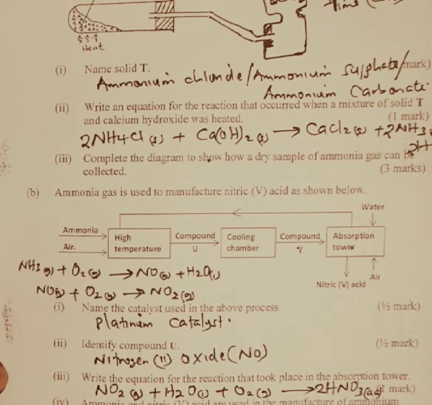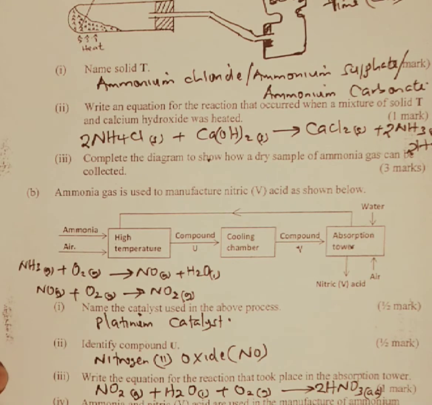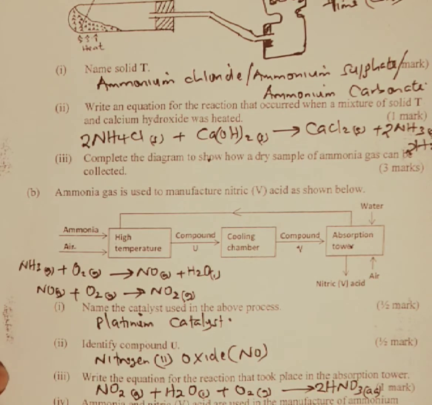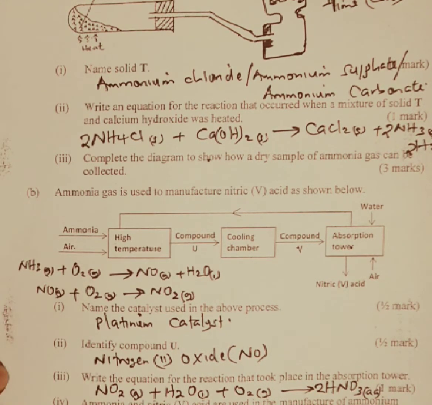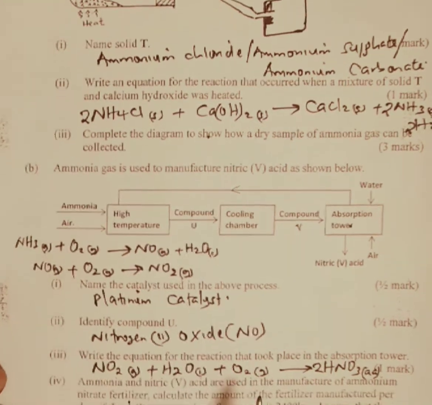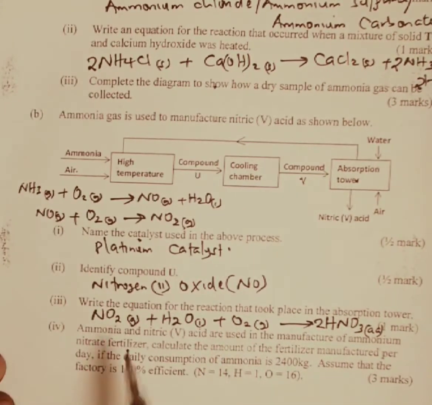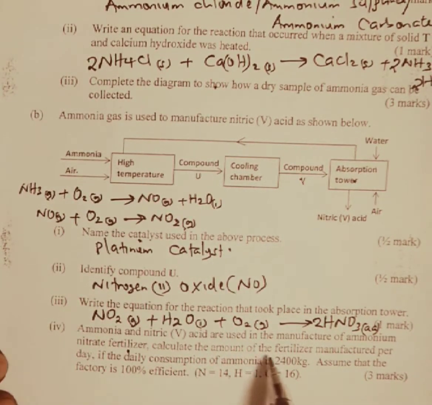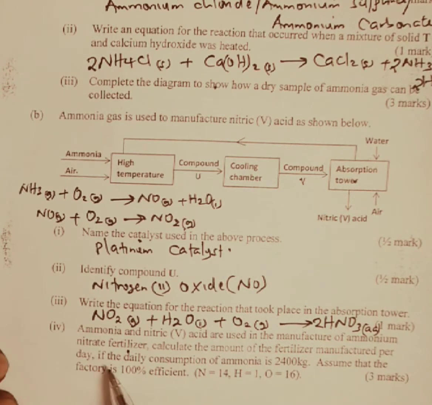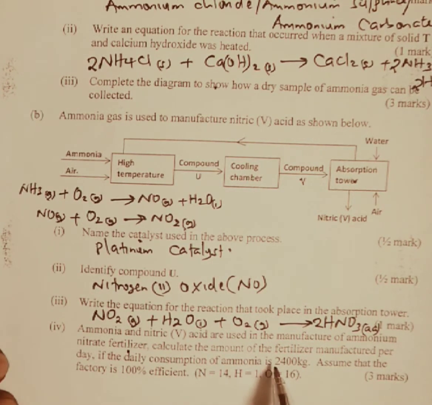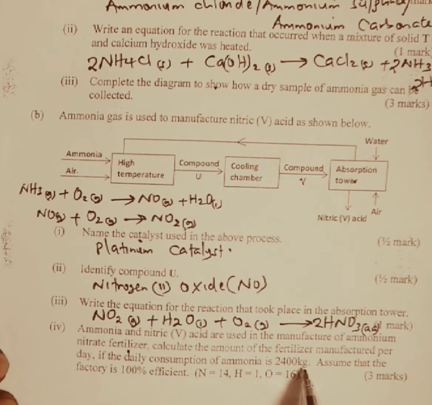Roman 4, ammonia and nitric acid are used in the manufacture of ammonium nitrate fertilizer. Calculate the amount of fertilizer manufactured per day if the daily consumption of ammonia is 2400 kgs.